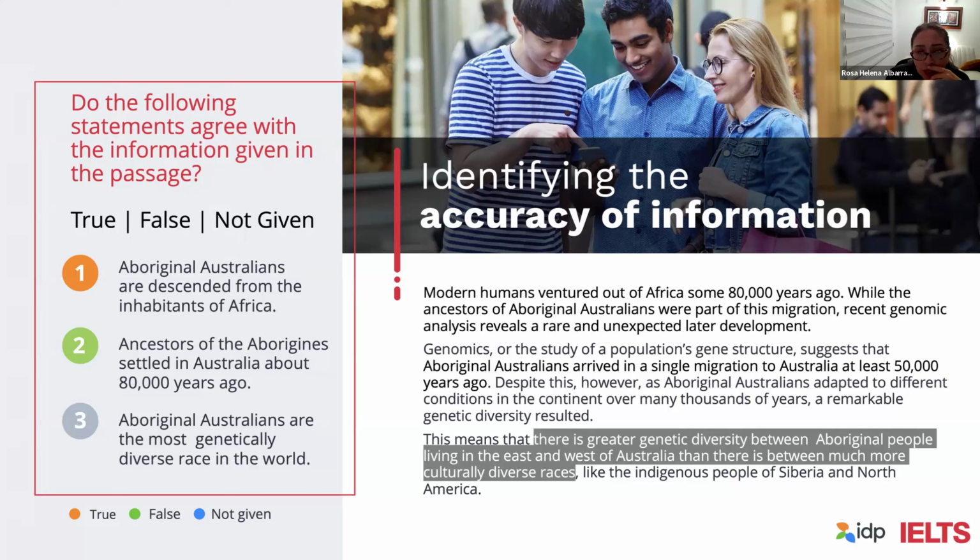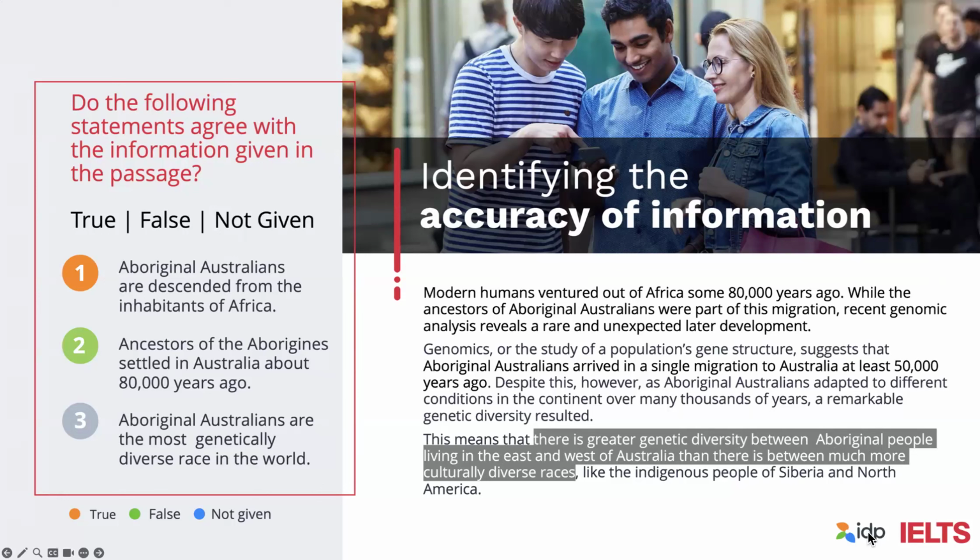Perhaps because of the world culturally, because they say there is much more culturally diverse races, right? But they are talking about genetically, and they don't mention that. Uh-huh. That's right, yeah.